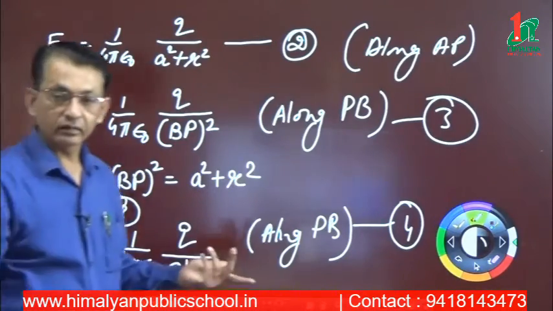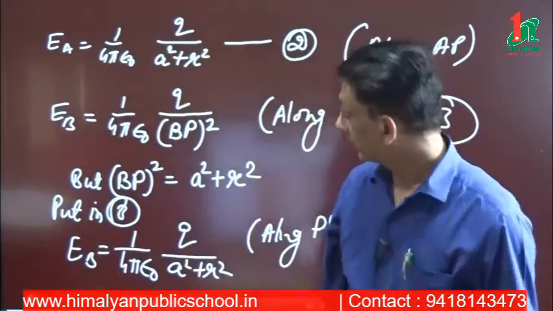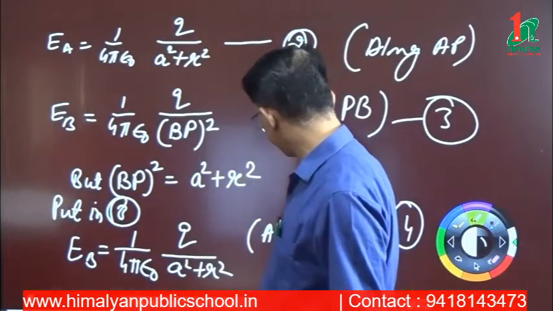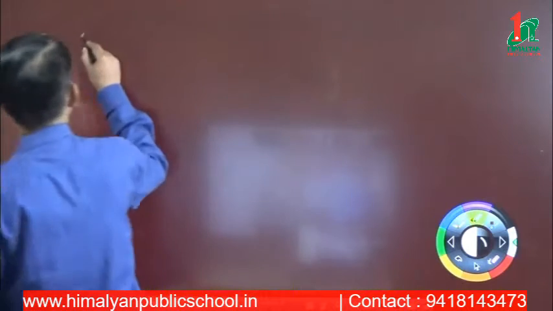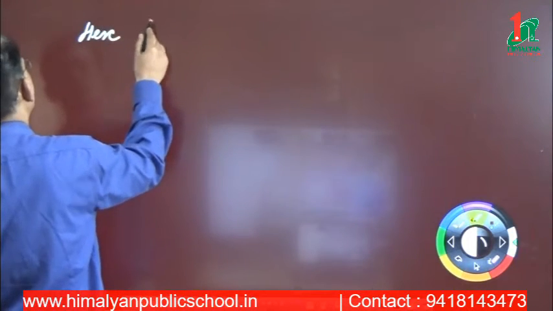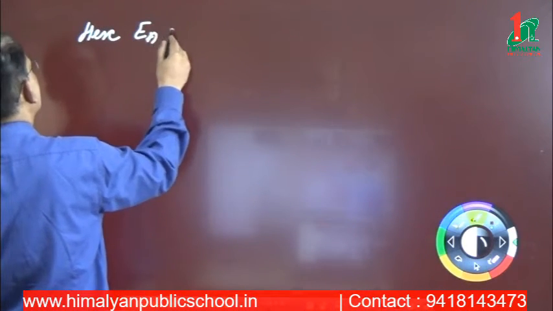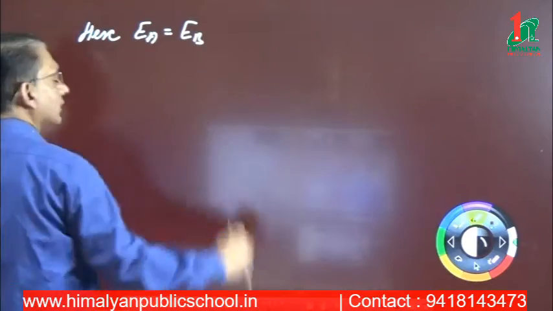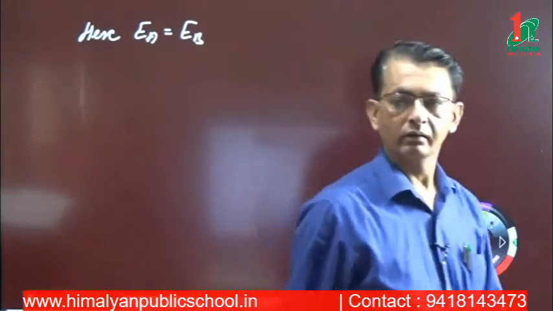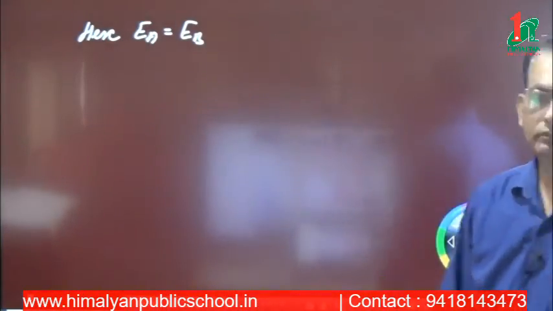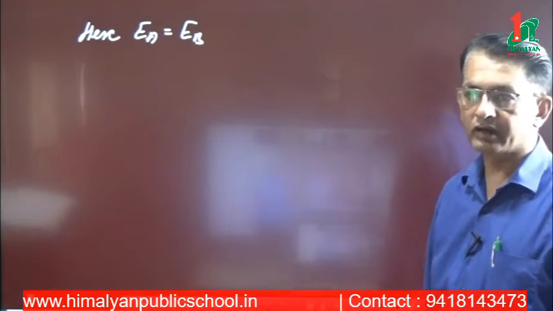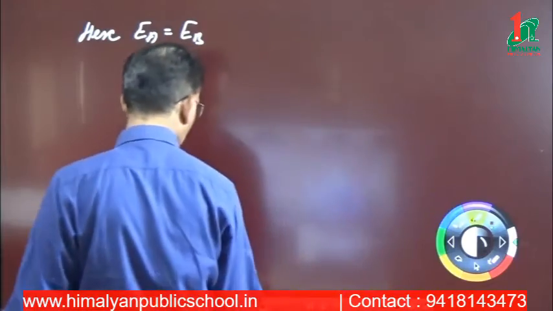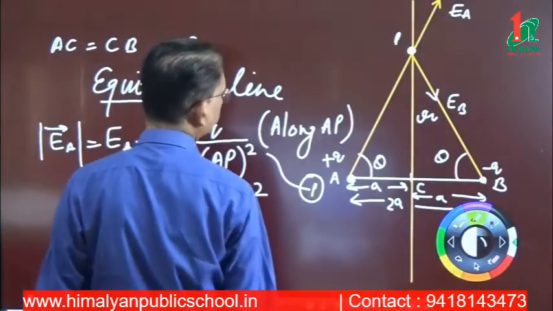It means EA is equal to EB. Magnitudes are the same.